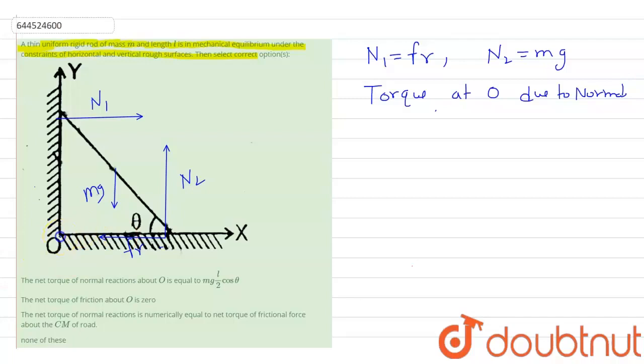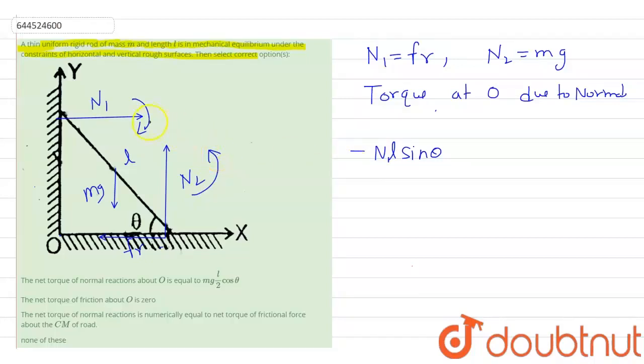At the point O, the distance of N1 is L sin theta if the length of this rod is L. So we take this as negative, N1 L sin theta. N1 will try to rotate in this direction, which we have taken as negative, while N2 will try to rotate in this direction, which will be taken as positive.